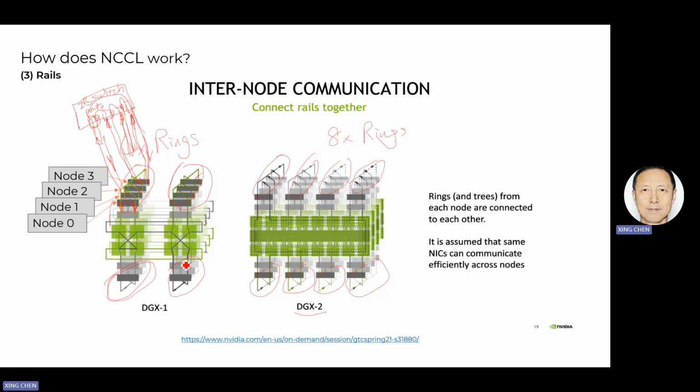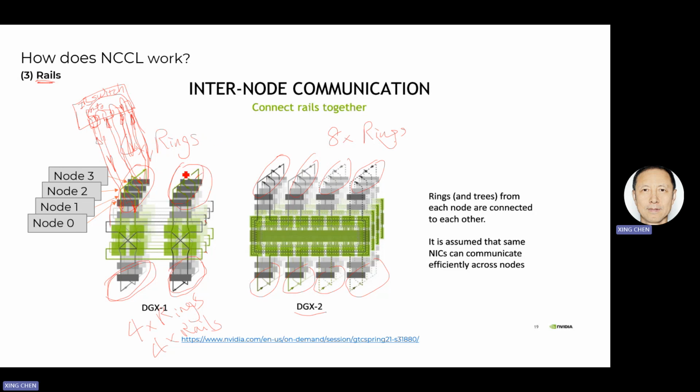So you have 4 rings, and each ring, in the jargon used by Nvidia, is a rail. So for DGX1, you have 4 big rings, and you have 4 rails, and this is a rail. Because the communication is not going from one rail to another.